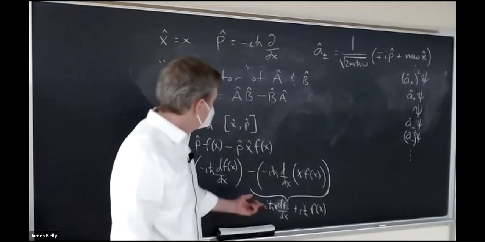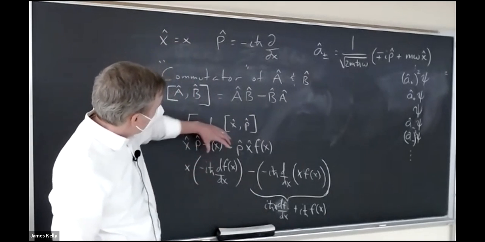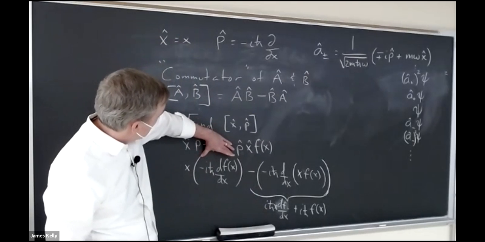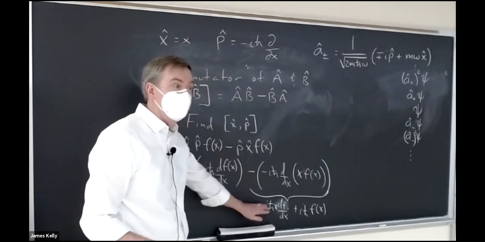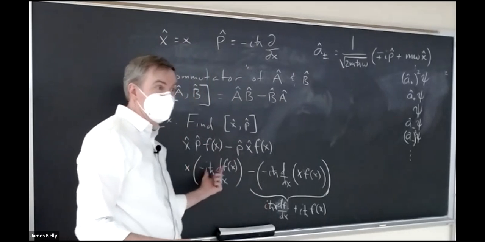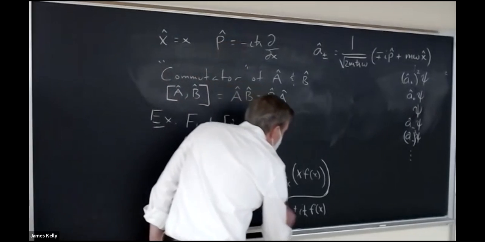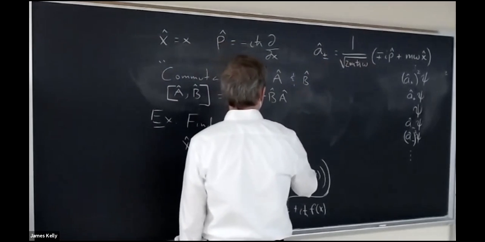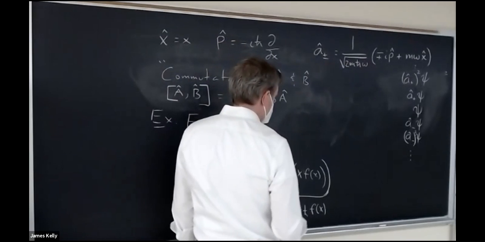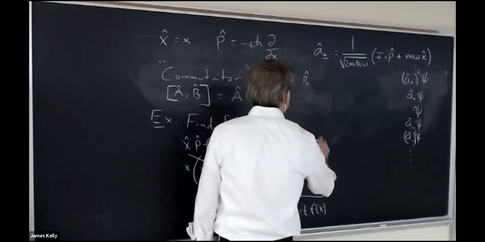All right, so once I simplify that out, and that includes this minus sign here, notice that this term right here is exactly opposite of this term right here, once I commute the x with the constant there, which we're always allowed to do. So this cancels this, and this whole thing simplifies down to i h bar f of x.